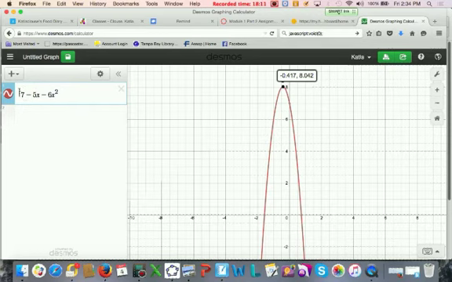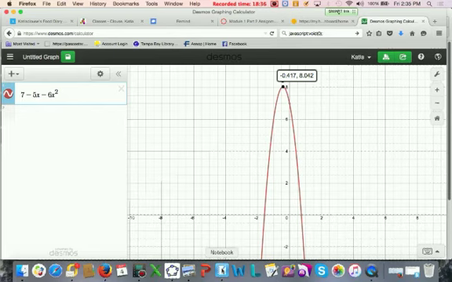And a quadratic will only have a maximum or a minimum. Remember from our previous lesson that if the coefficient of the x squared term is negative, we know that it'll be a maximum. And so our absolute maximum value is this y coordinate of 8.042.